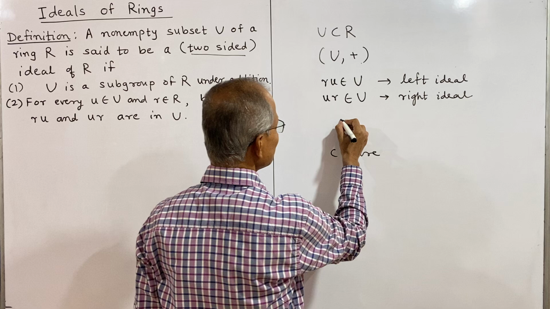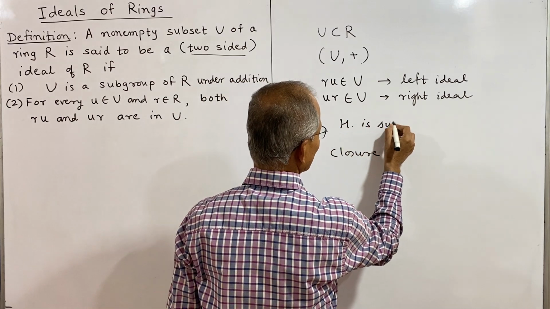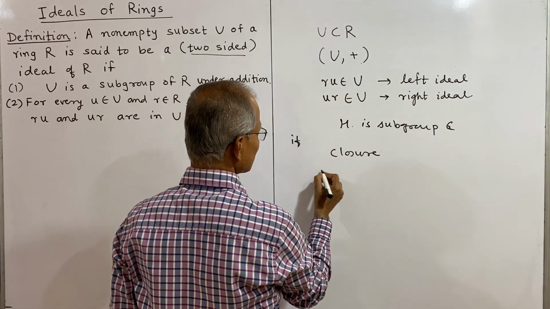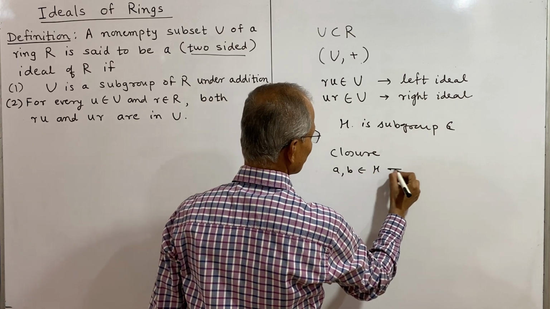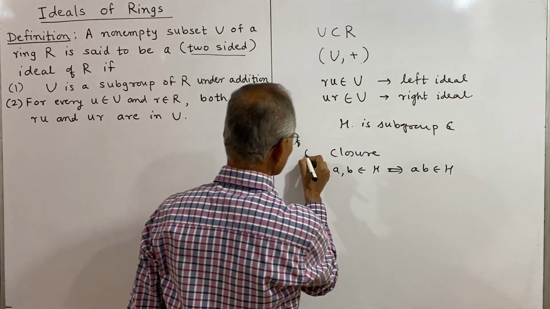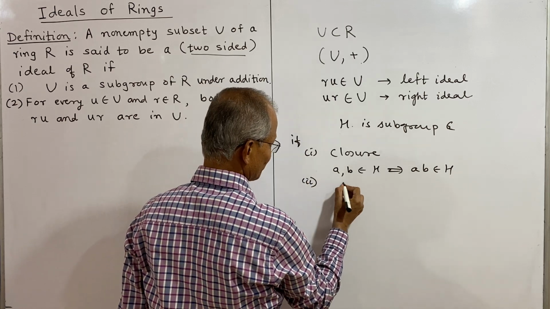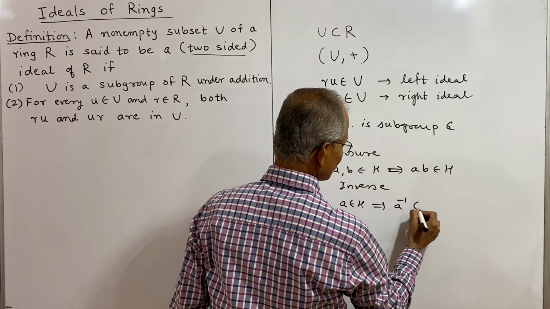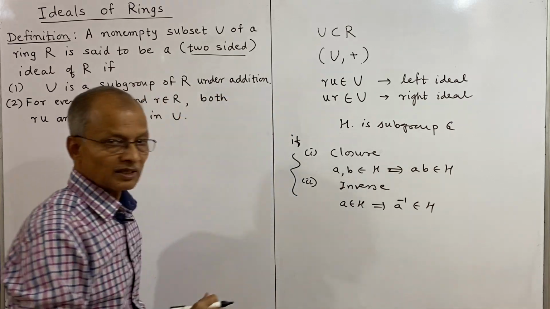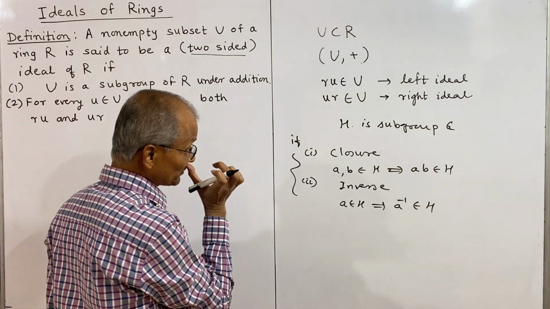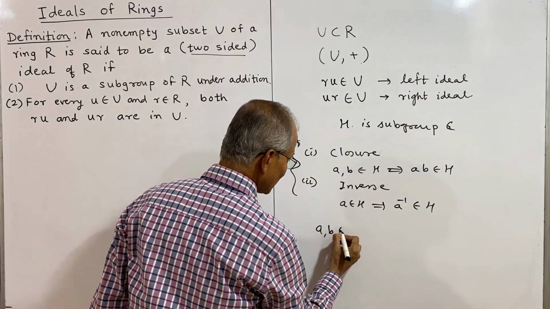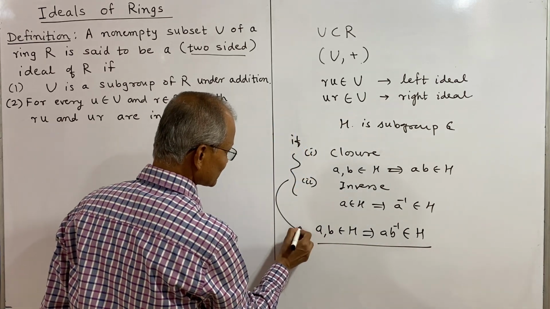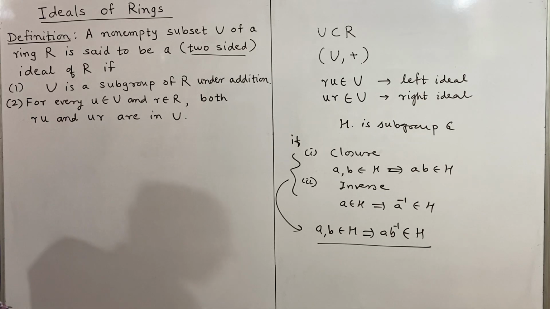We say H is a subgroup of a group G if the closure property is satisfied, that means a, b belongs to H implies ab belongs to H, and the second condition is for inverse: a belongs to H implies a inverse belongs to H. But these two properties together can be combined, and it is sufficient to prove that if a, b belongs to H implies a b inverse belongs to H, then we say H is a subgroup of G.